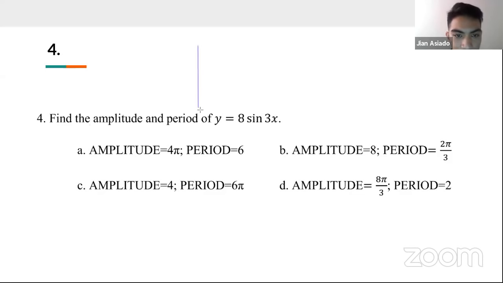Let's say you have a graph. An oscillation can be like this. It's bouncing, a wave. With this, what is the question? It's the amplitude and period.